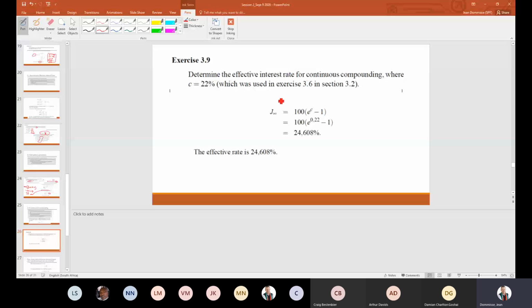In this one, unfortunately, my calculator doesn't have an answer for this that you can just put in. So you need to use the formula, but at least the formula is not that difficult. On your calculator, there will be the exponential or the e. So you use the percentage, the 22%, so 0.22, as the x for that e.